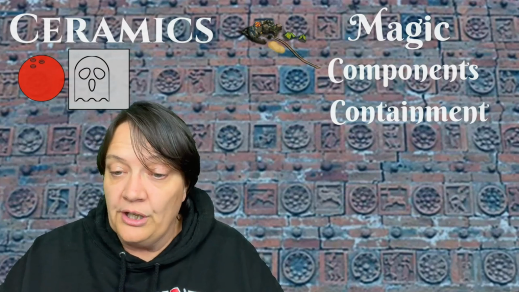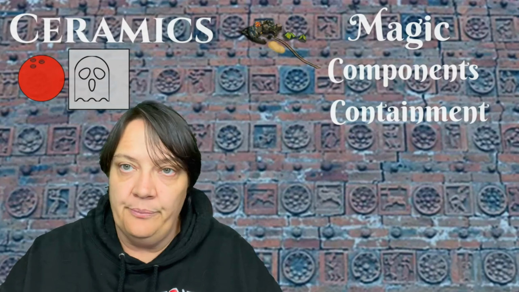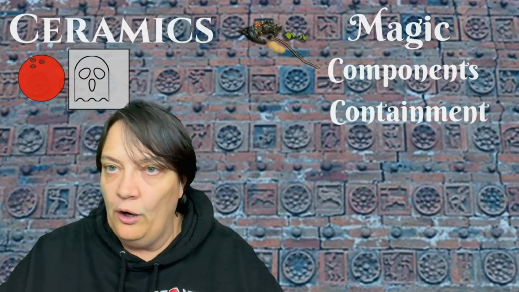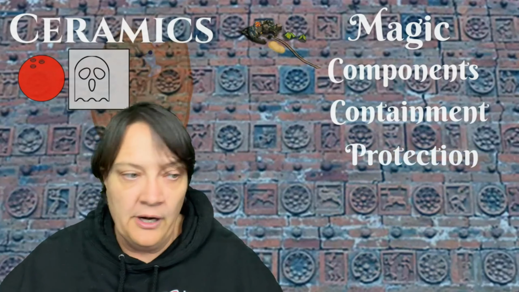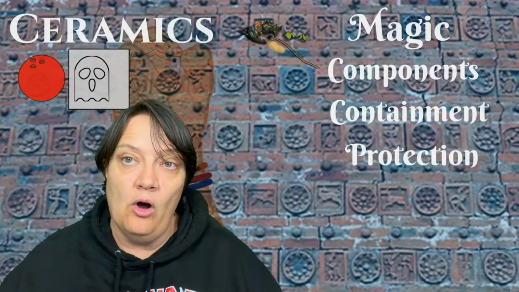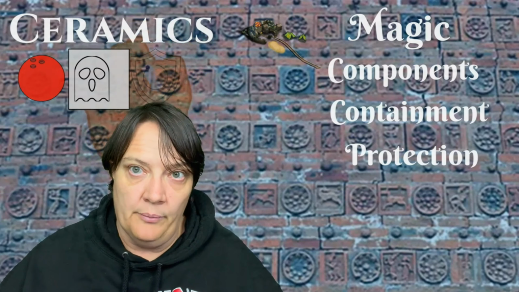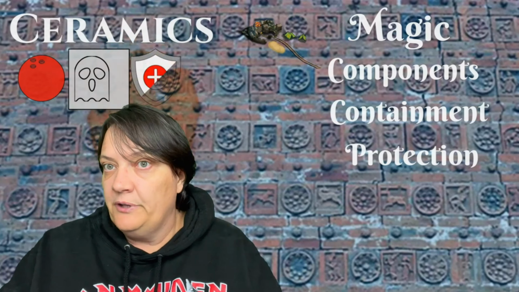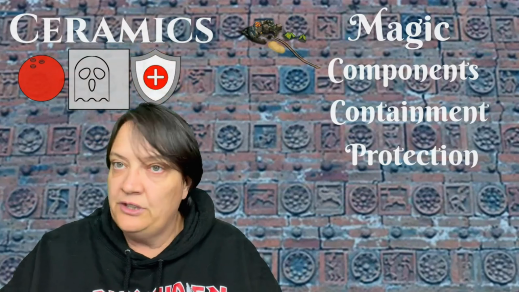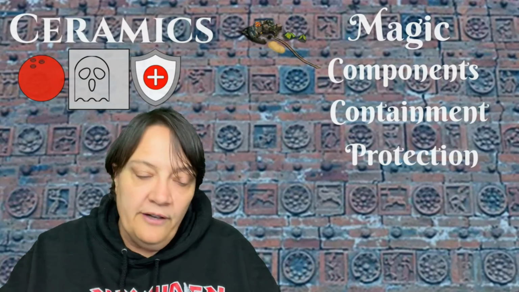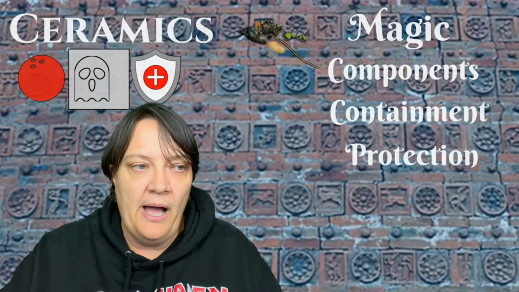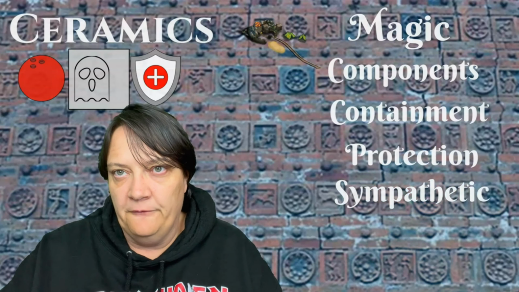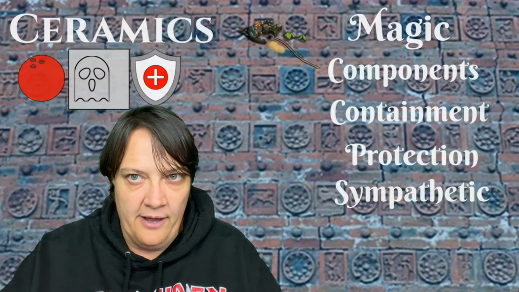You could also go for protection magic in ceramics. So you could go for taking that armor and then making it magical armor as well as physical armor. And then, of course, you can look towards sympathetic magic. Remember those terracotta soldiers? What if they were infused with the power to stand up and defend their emperor's grave?